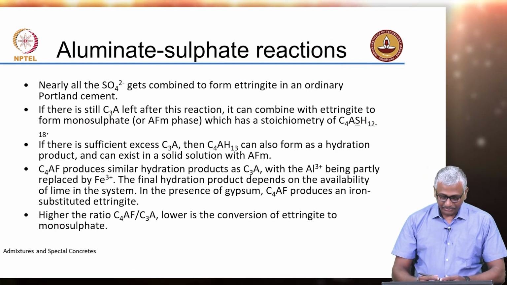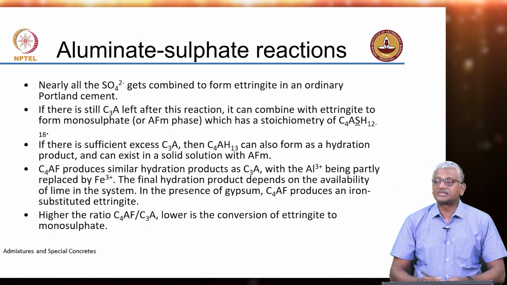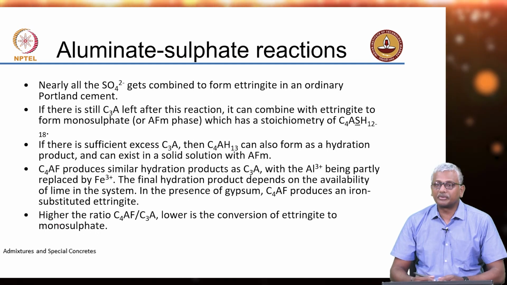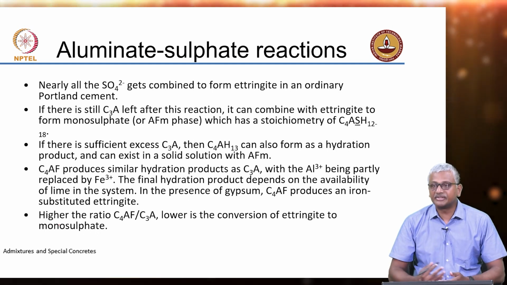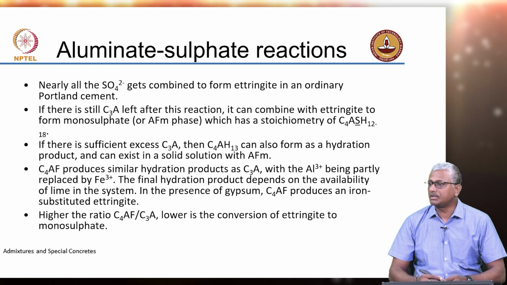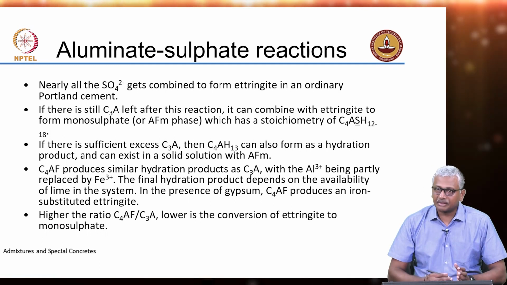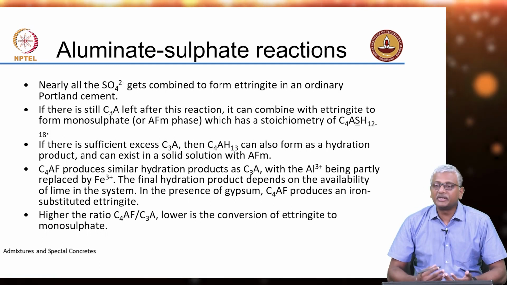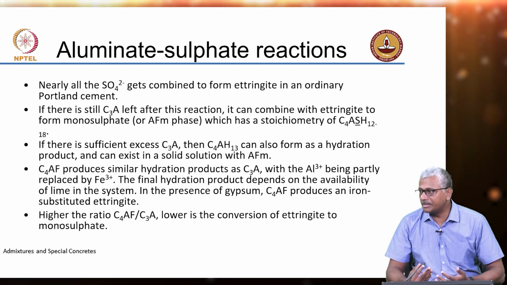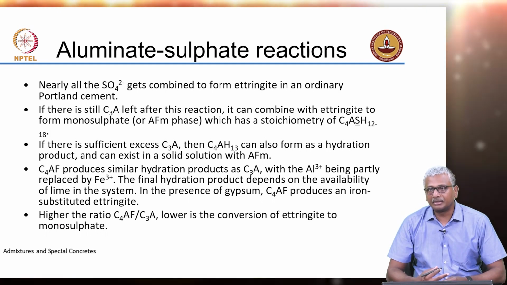Now, just to come back to this aspect about sulphate optimization, if you remember our discussion in the first couple of lectures on cement chemistry, we know that there is sulphates available in your system and there are aluminates available. The reactive aluminates are basically your C3A, right.